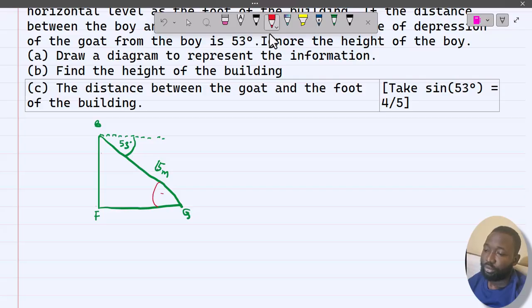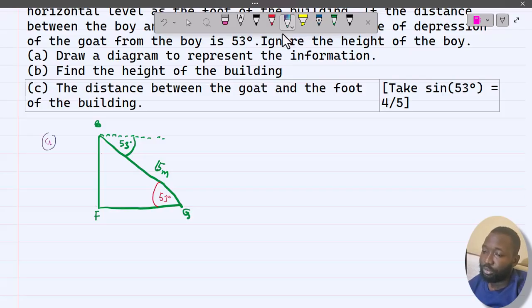We are going to have 53 degrees here. So this is A. We are done drawing the diagram.